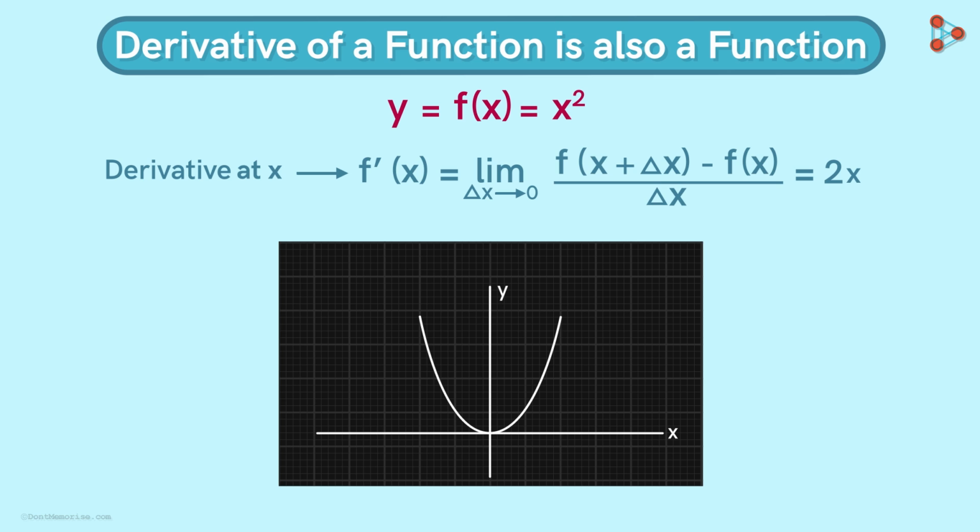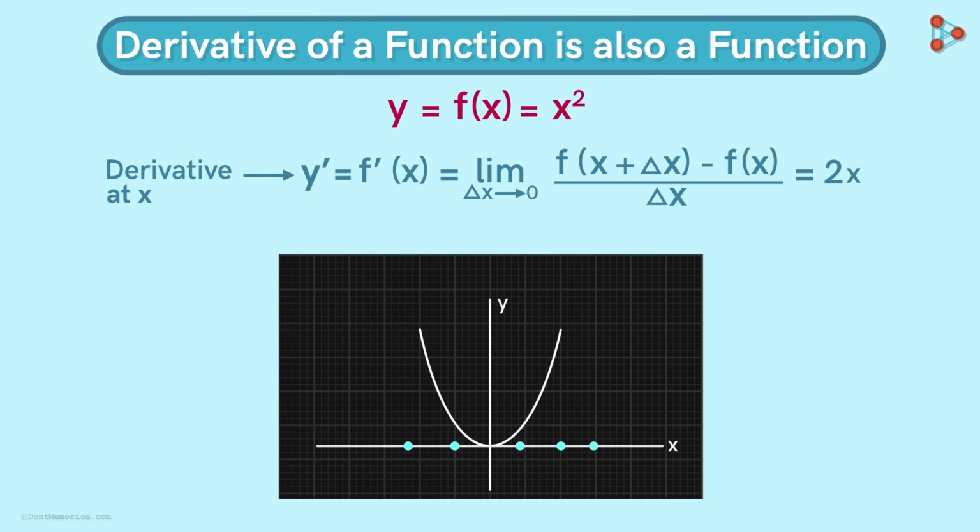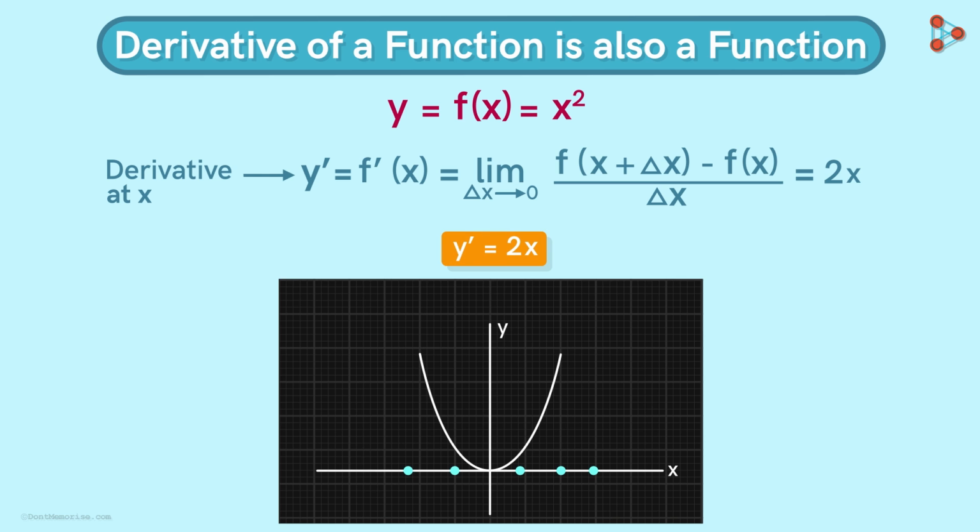And also, let's say the derivative is denoted by a variable y prime. Therefore, this means that for each value of x, there is a value of y prime related to it, which is the derivative of f of x at that point. It means this relation is a function. So we see that finding the derivative of a function gives us a new function.